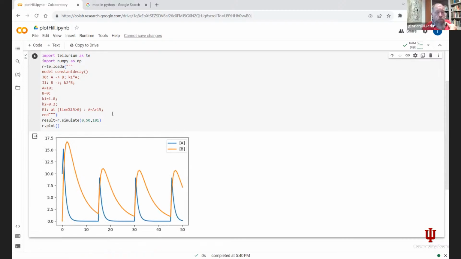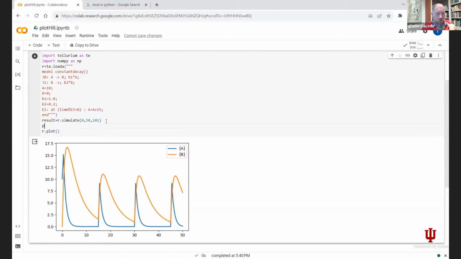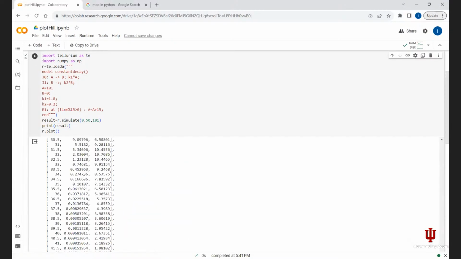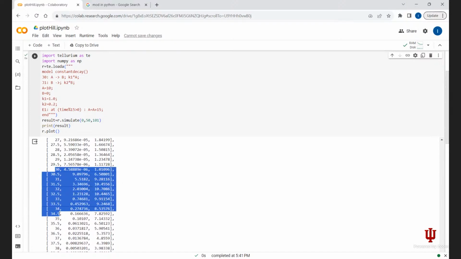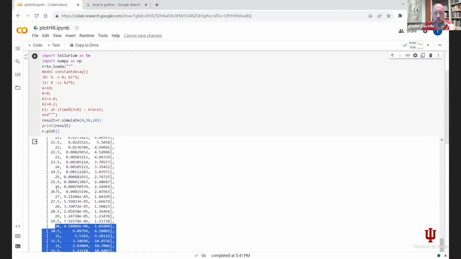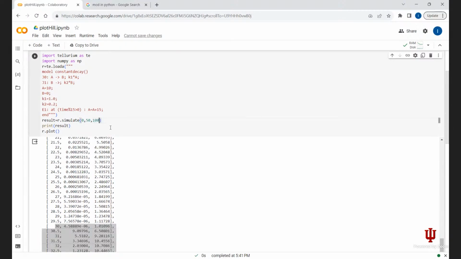Why don't you just print result after that? The first column is the time, so you can see what the times were. So 25, 27.5, 28, those were the times that were evaluated.